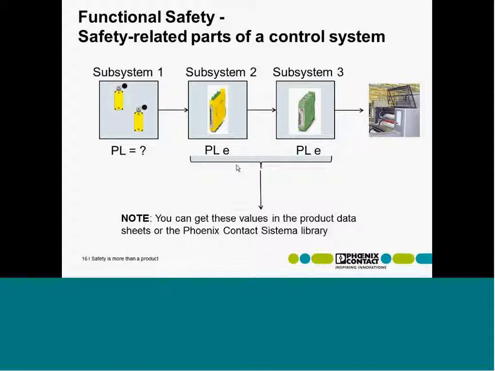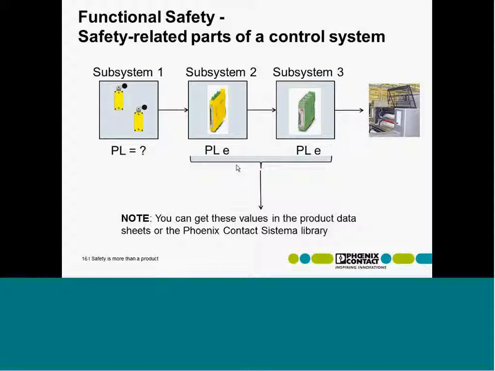So this product is already designed and developed with the view of an intended use to be integrated in a safety design concept. Therefore, the manufacturer of these components has already designed them to achieve the highest performance level. In this case, it's performance level E for both components.